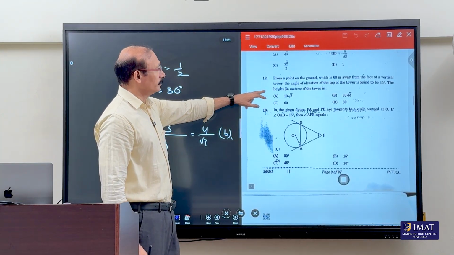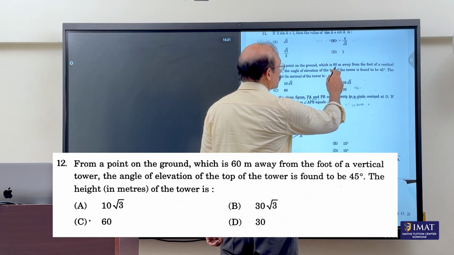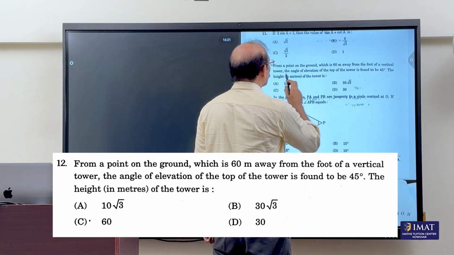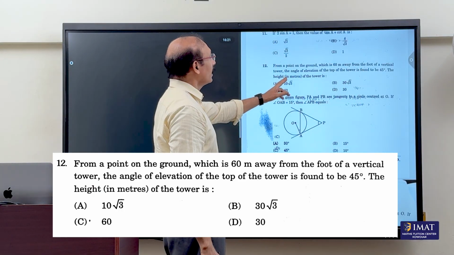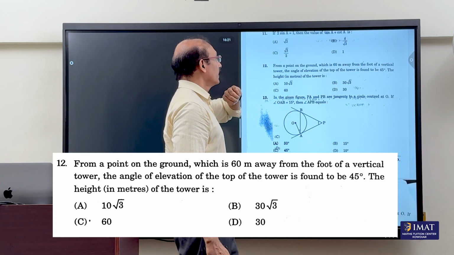Question number 12. From a point on the ground which is 60 meter away from the foot of a vertical tower, the angle of elevation of the top of the tower is found to be 45 degrees.